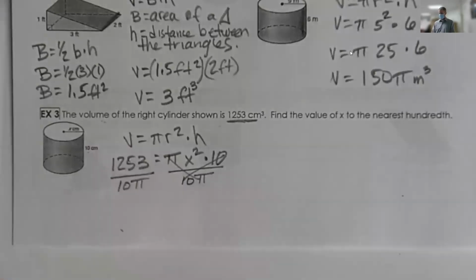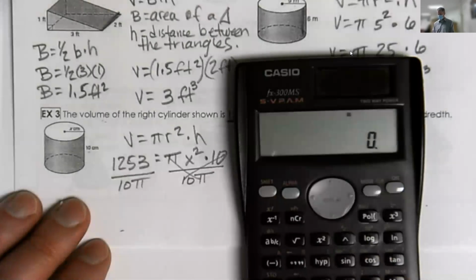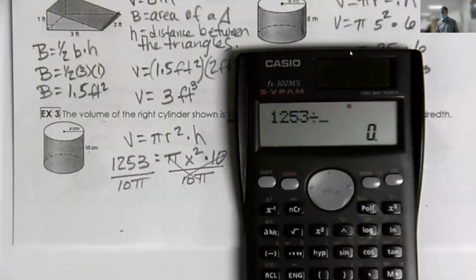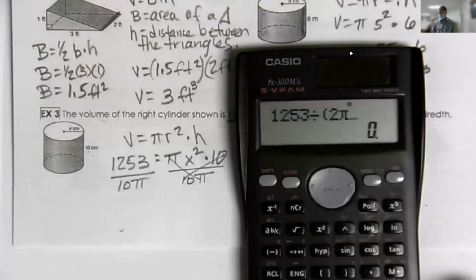So when you do that with your calculator, you have to be a little careful. We have to divide, and it might be safe if you use parentheses, because you want to be sure that you have your 10 and the pi being divided at the same time. If you want to divide each one individually, that's fine. Divide by 10, then divide by pi.